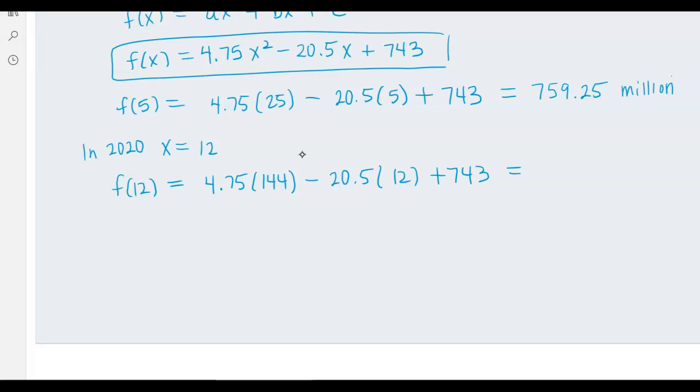The interesting thing is that we know, based on the pandemic right now, that these numbers are probably not true at all because the number of people traveling has significantly decreased. But it says 1181 million, which would be 1.1 billion.